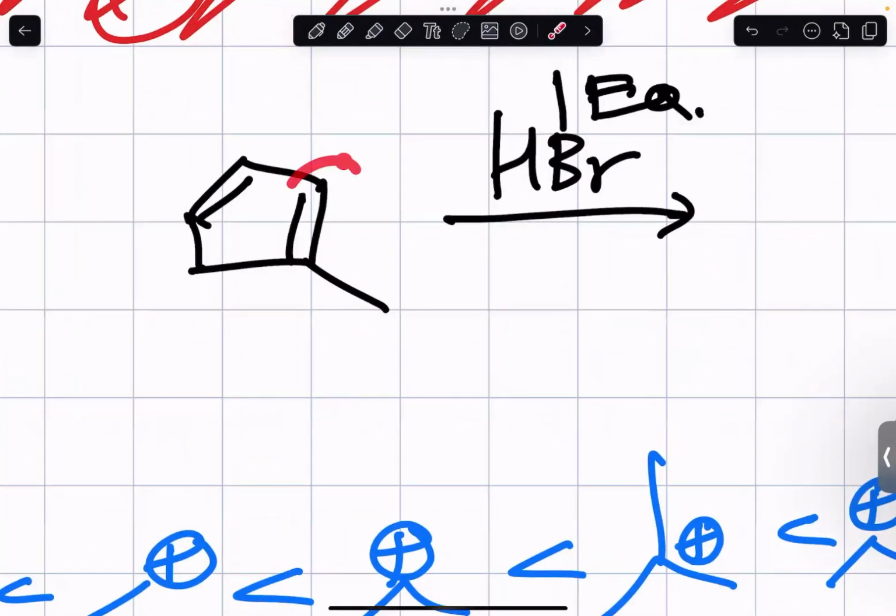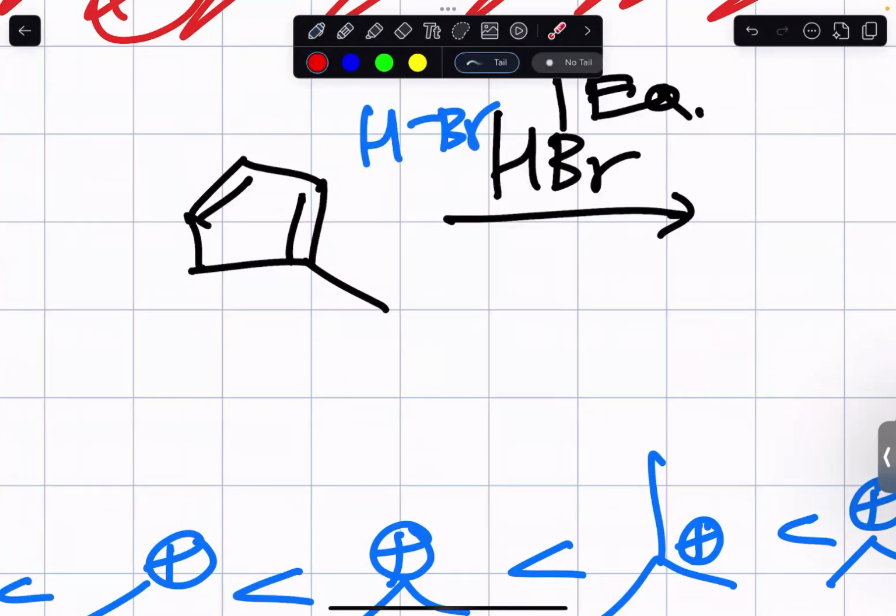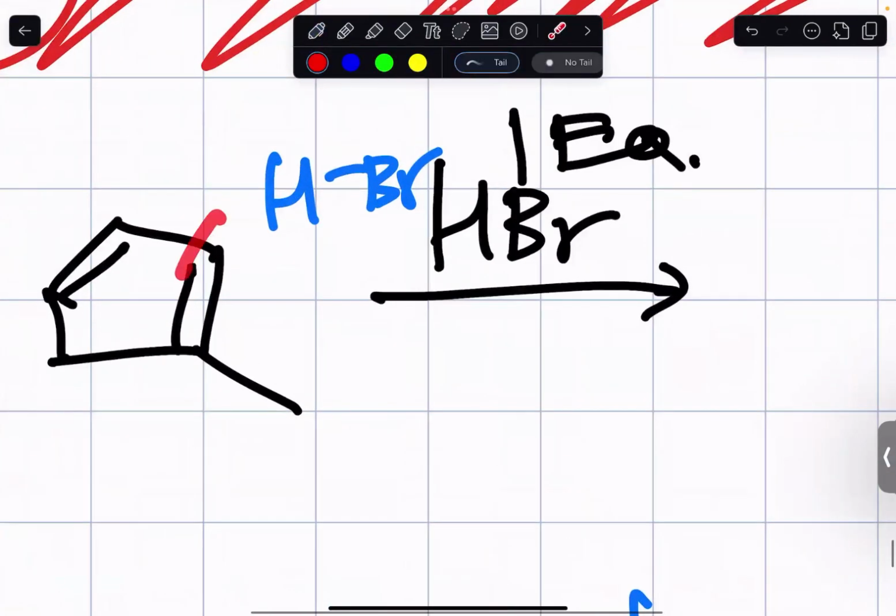If we look at this alkene right here, where would the carbocation be more stable, A or B? This is a little bit tricky because this kind of goes against what you guys have been learning about carbocation stability. But there's a new factor here. Which one is going to be more stable for the carbocation? A. Yes. Even though A is less substituted, right?